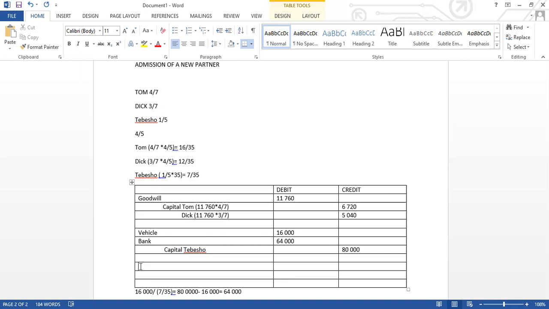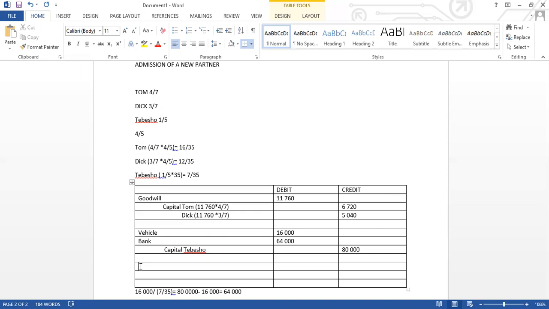Existing partners mean old partners, meaning the revaluation of assets should be shared always among the old partnership. It won't be fair for the new partner to gain or to benefit on the hard work of others. Do you understand?